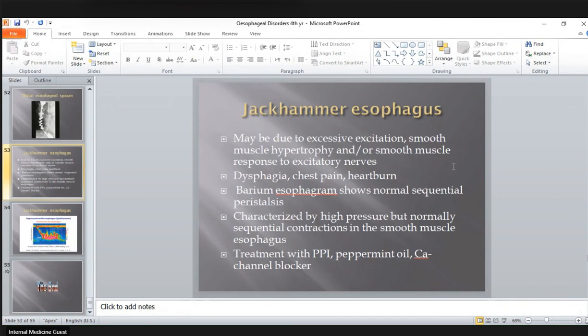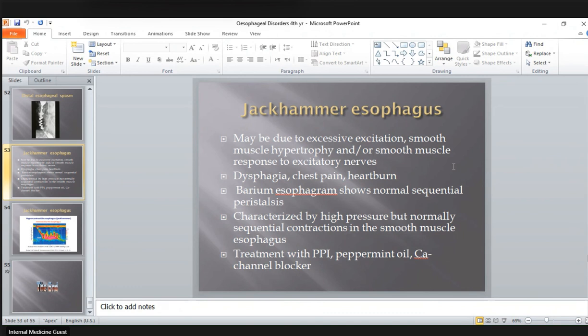Jackhammer esophagus. It's not unlike diffuse esophageal spasm, but it's due to excessive excitation, smooth muscle hypertrophy and response to excitatory nerves. They present with dysphagia and chest pain.